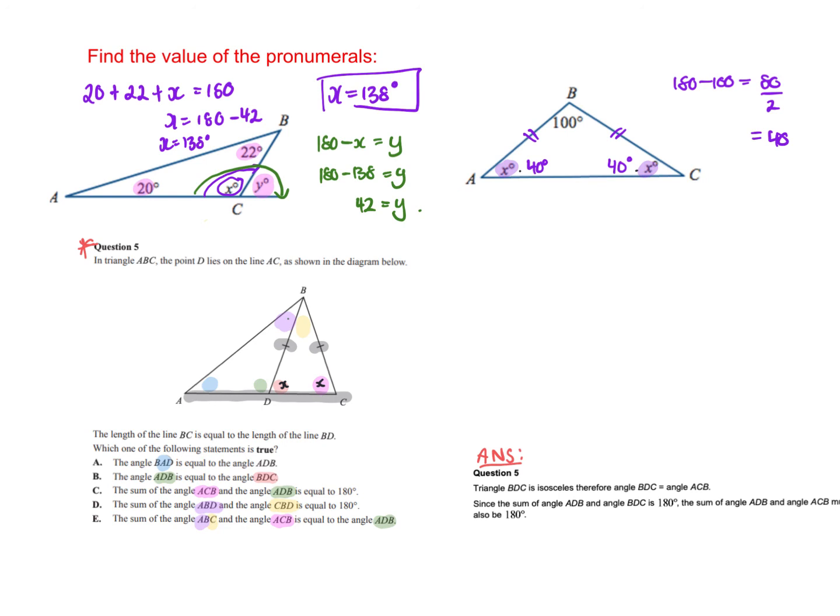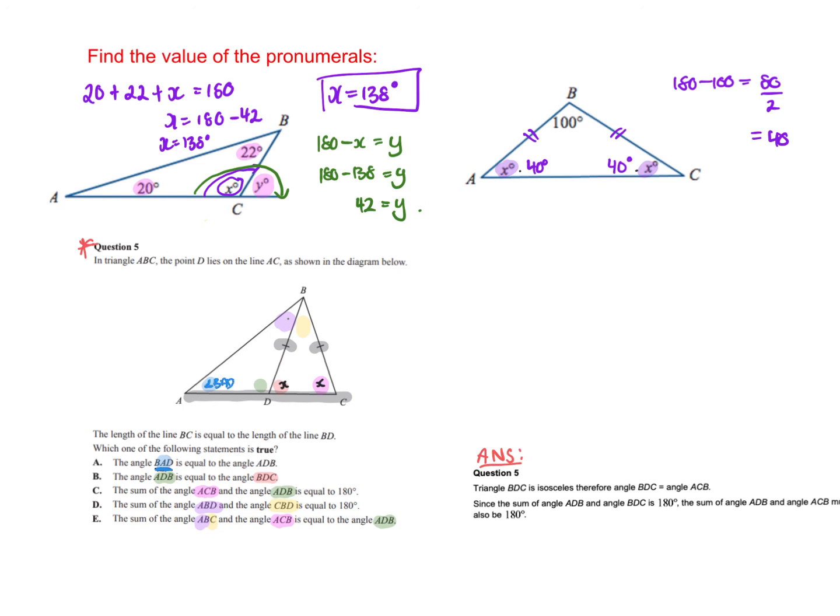Okay? So when they start asking which statement is true, when it says the angle BAD, it's always the letter in the middle of it that is the one that you're looking at. So BAD, so that's where you're looking at that. So that's where this angle in here is angle BAD.